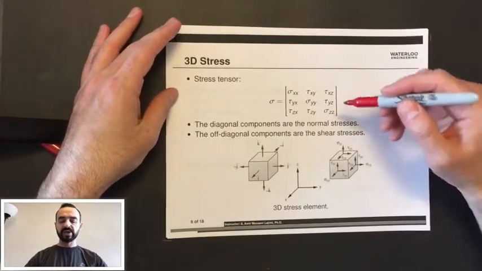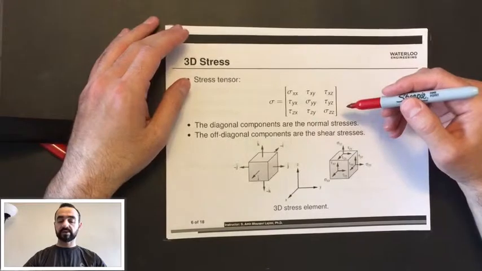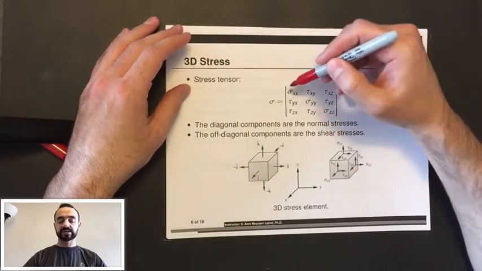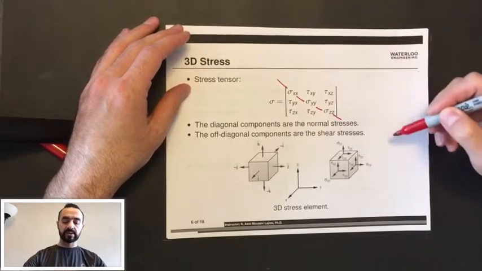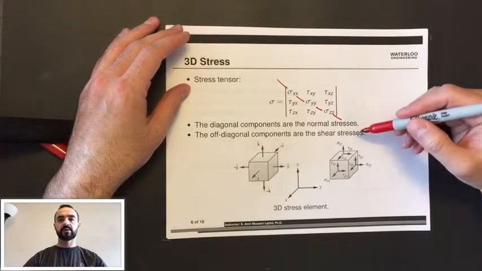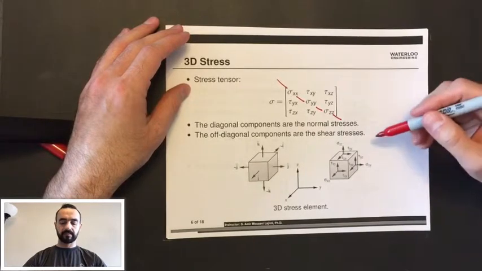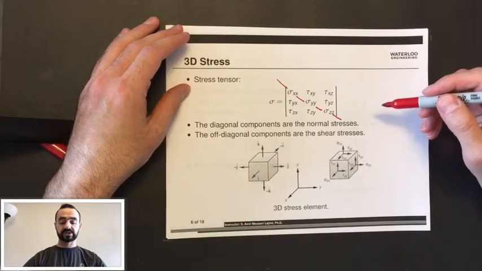And we arrange the stress in this stress tensor such that the diagonal components represent normal stresses and the off diagonal components represent shear stresses.